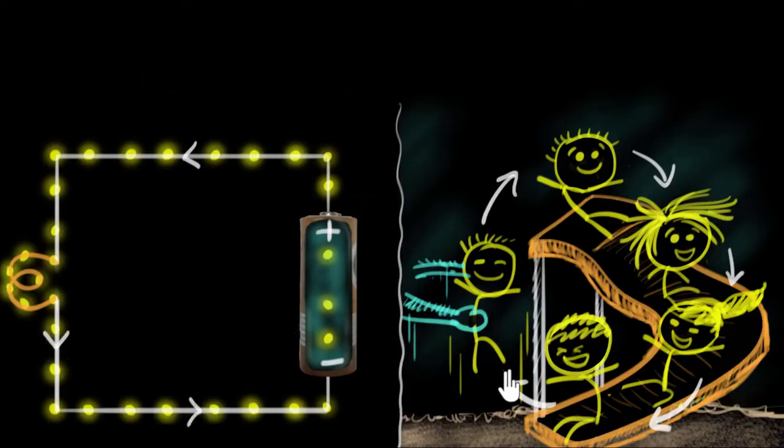And just like over here, for continuous motion of the kids, someone needs to continuously keep picking these kids up and putting them back over here, pushing them against gravity. Over here, someone needs to keep picking up these charges and push them back up continuously against the electric force. And that job is done by the chemicals inside the battery.